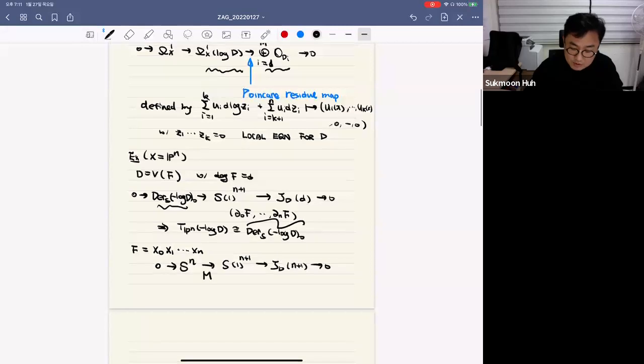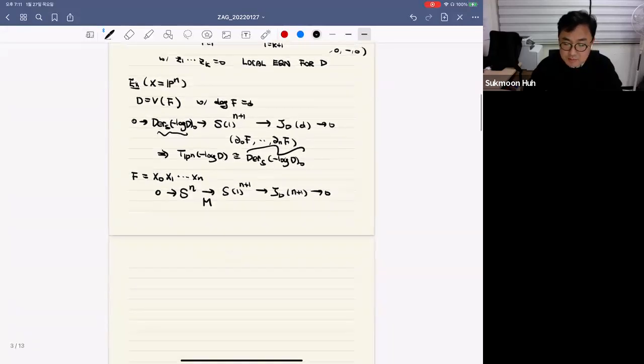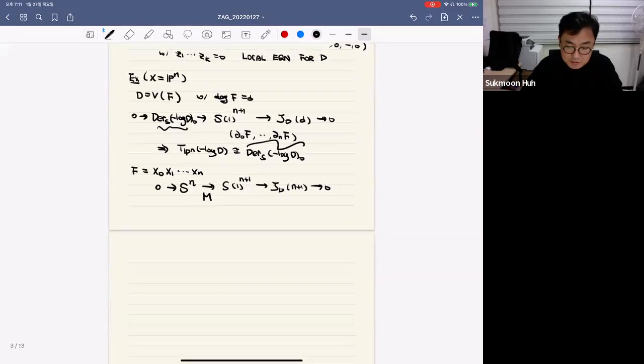Where if you say that this map is defined by an n plus one by n matrix, then this matrix is simply given by the following form.